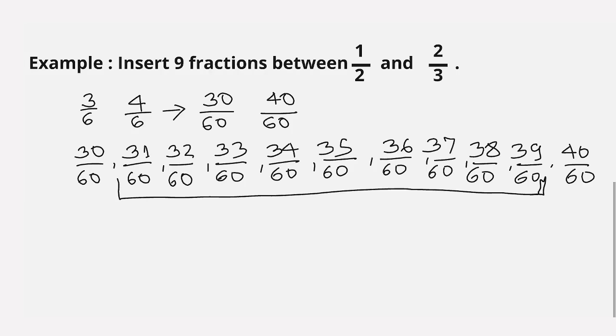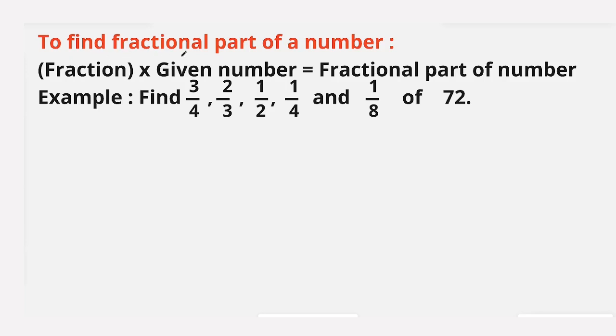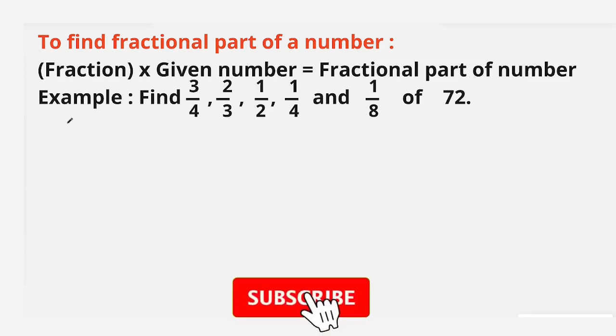We go to the next point. To find the fractional part of a number, the formula is fraction multiplied by given number equals fractional part of number. And we will learn it by one example.